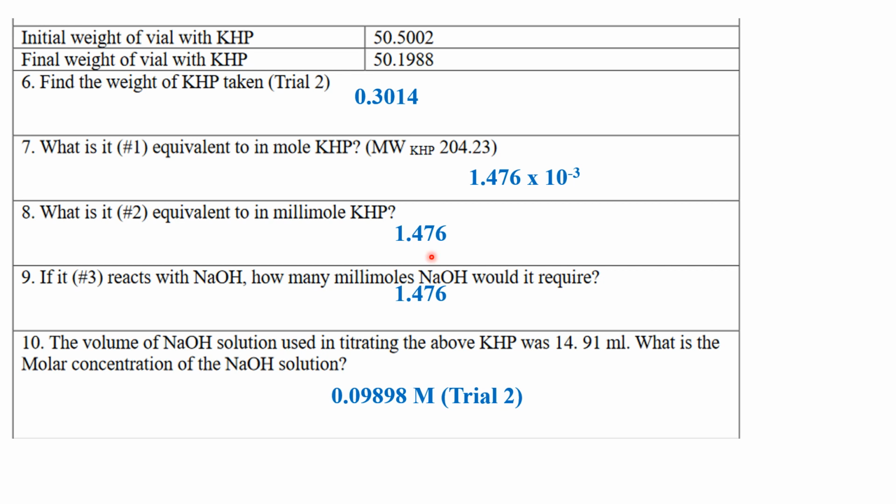So if this is 1.476, ganun din yung sodium hydroxide. Now, for the molar concentration of sodium hydroxide, you are given 14.91 ml. You simply divide millimoles by the volume in ml. That will give you molar concentration for trial 2.